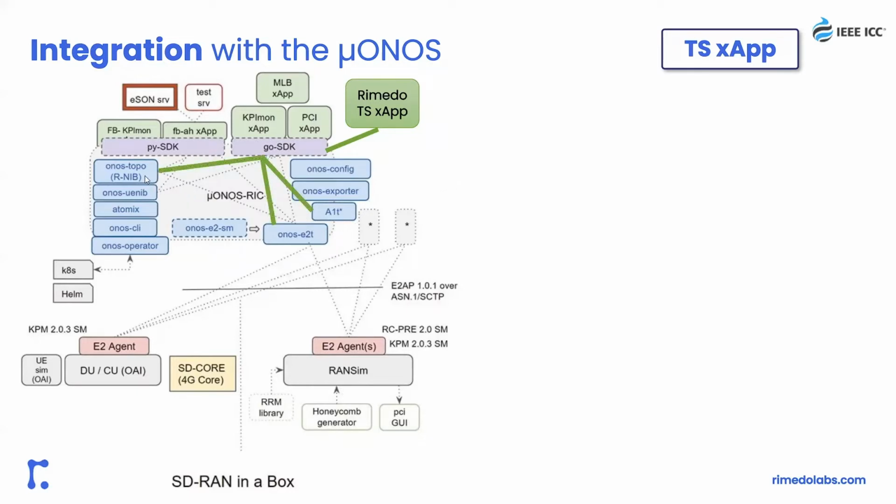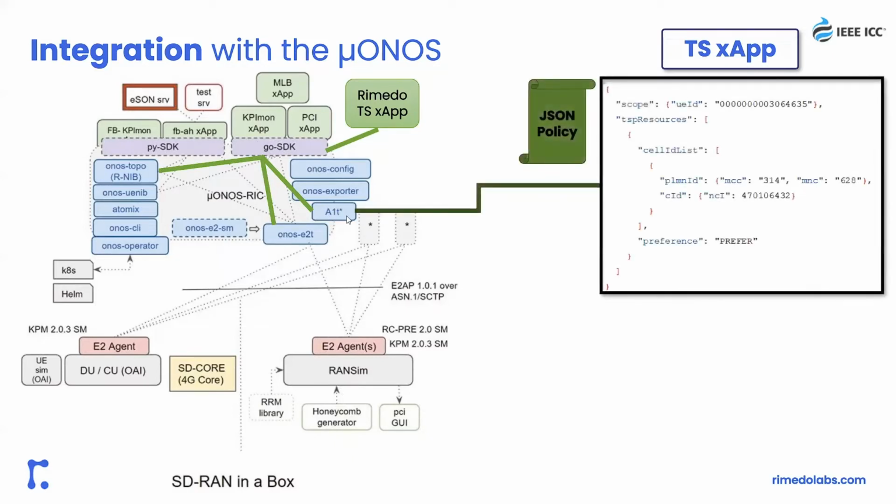So the most important, I think, it connects to A1T, so A1 interface, which is responsible for receiving policies in the form of JSON files. And if it matches the policy type that we are using inside this type of xApp, then we can simply read and enforce such policy.